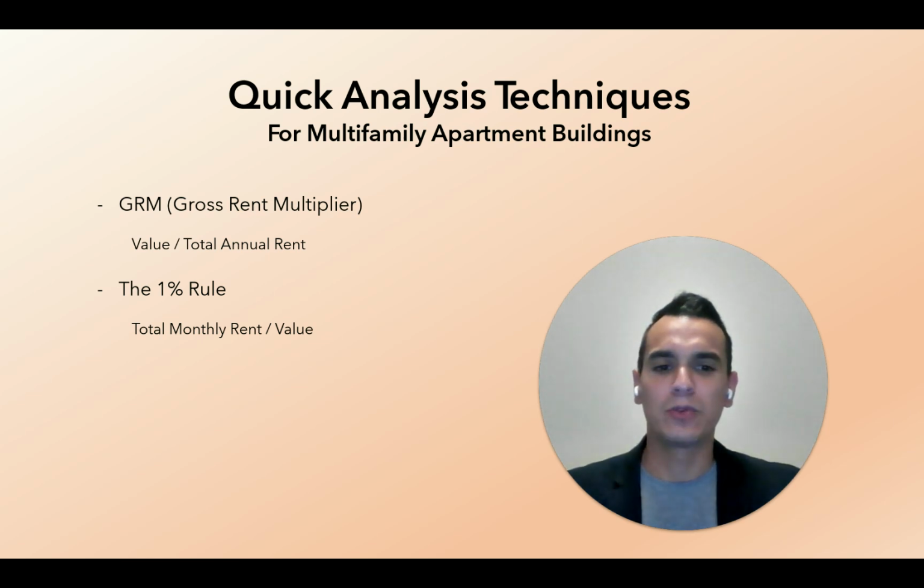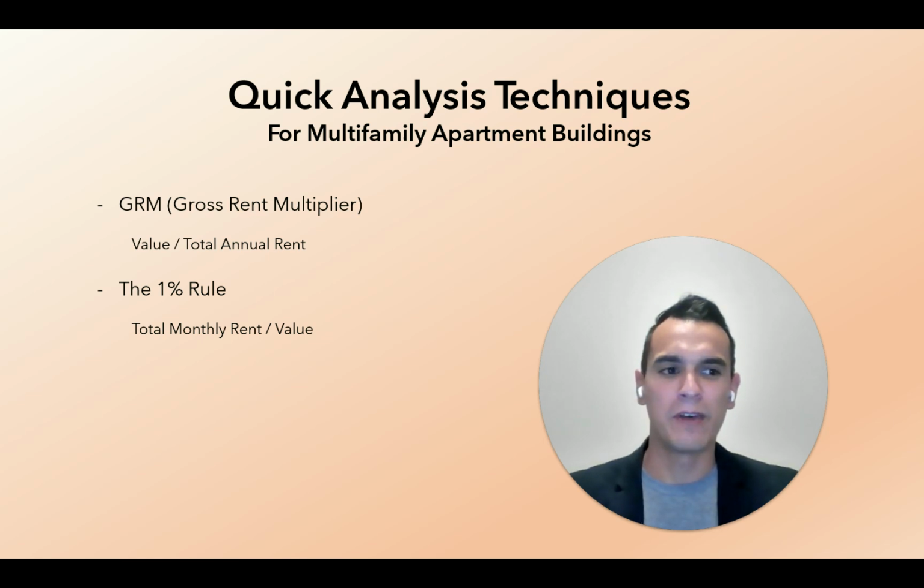The next one is one that I really like a lot. It's called the 1% rule. And what this means mathematically is total monthly rent over the value. And you can times this by 100 to get a percentage. This is actually a pretty big one on BiggerPockets, or for individual investors that are starting out.